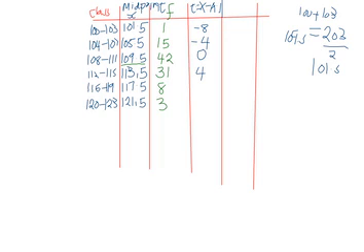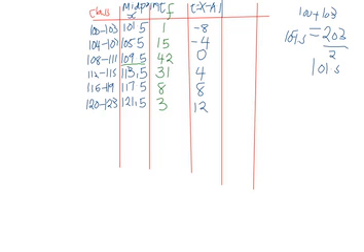Then we have 117.5 minus 109.5, which is 8. And lastly 121.5 minus 109.5, which is 12. So this is the value of t.